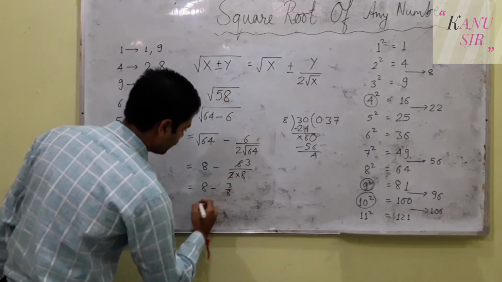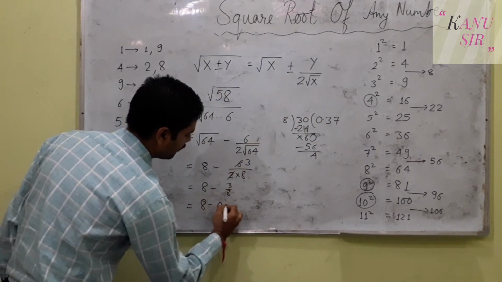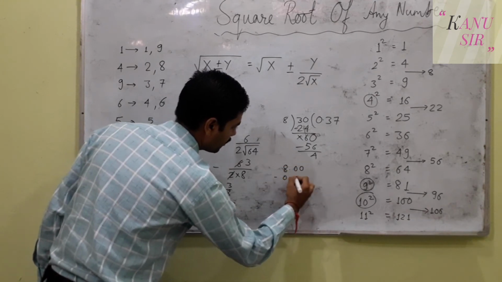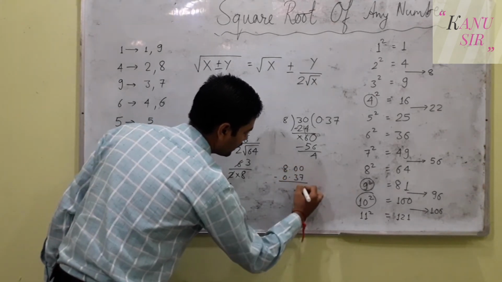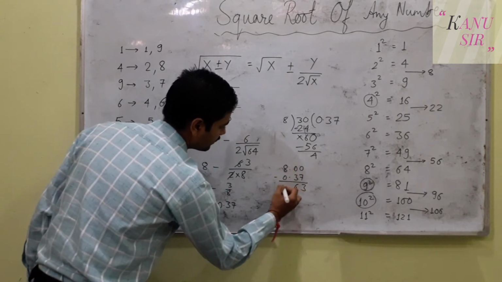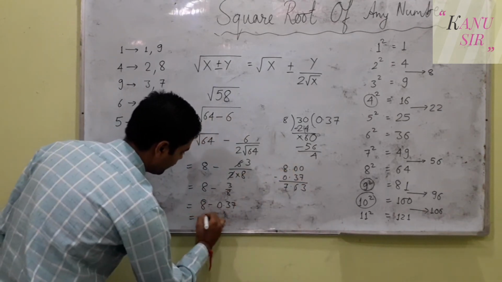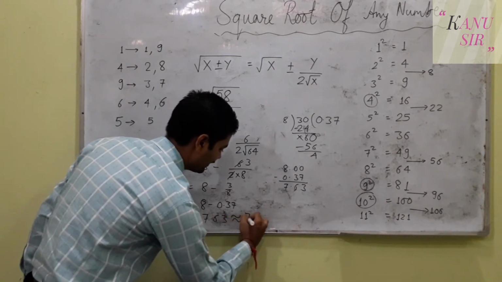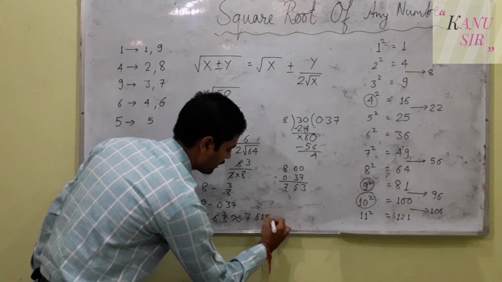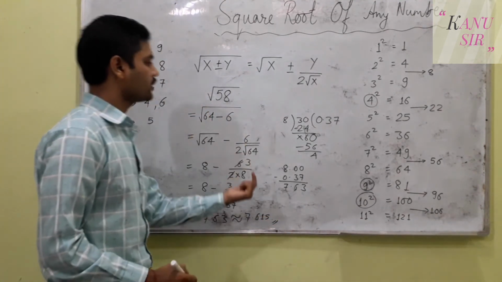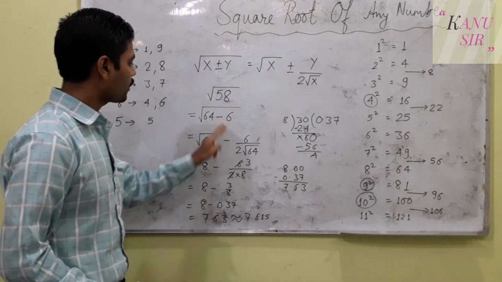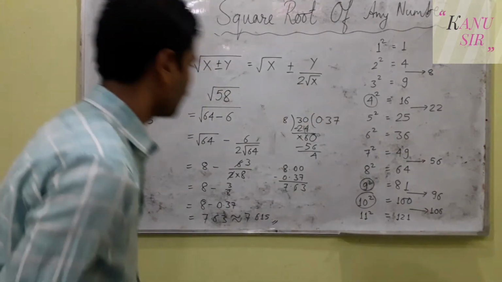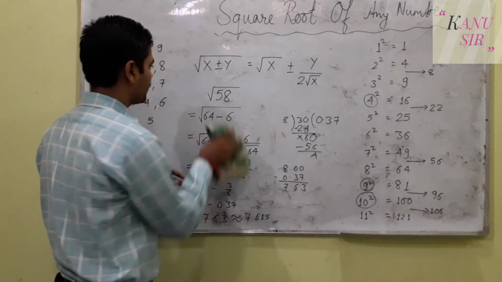Just take 0.37. 8 minus 0.37, so 8.00 minus 0.37, you get 7.63, which is also almost closer to 7.615. So you can take either plus or minus in the solution. Your answer will be almost closer to the answer from your calculator.